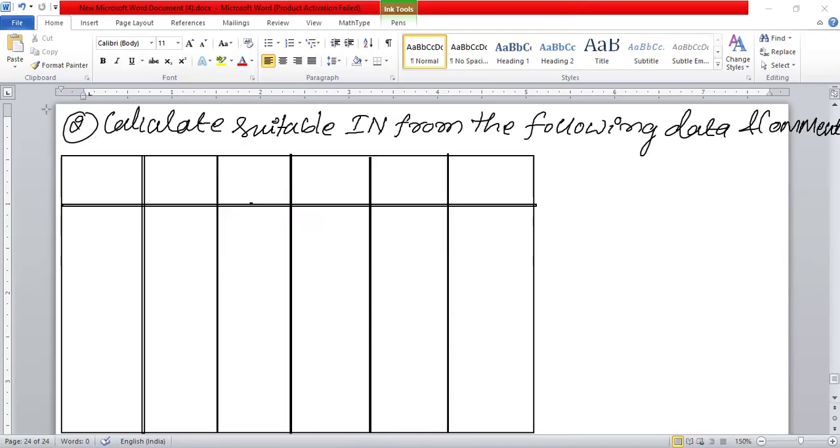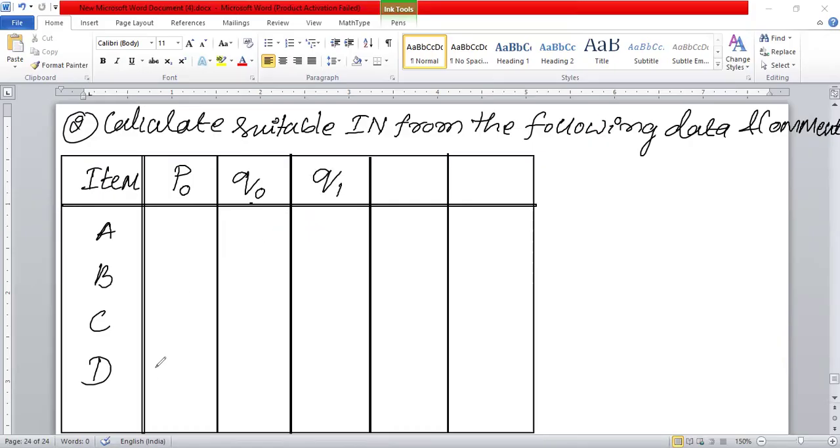The first one, item: A, B, C, D. Here P naught, here Q naught, then Q1.